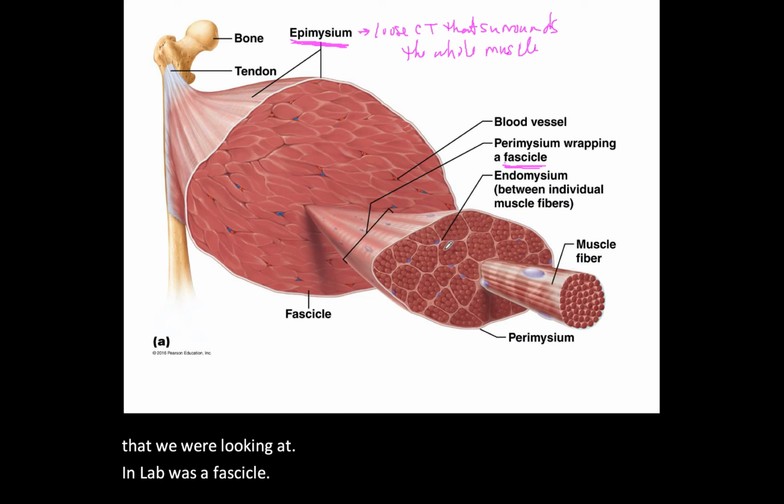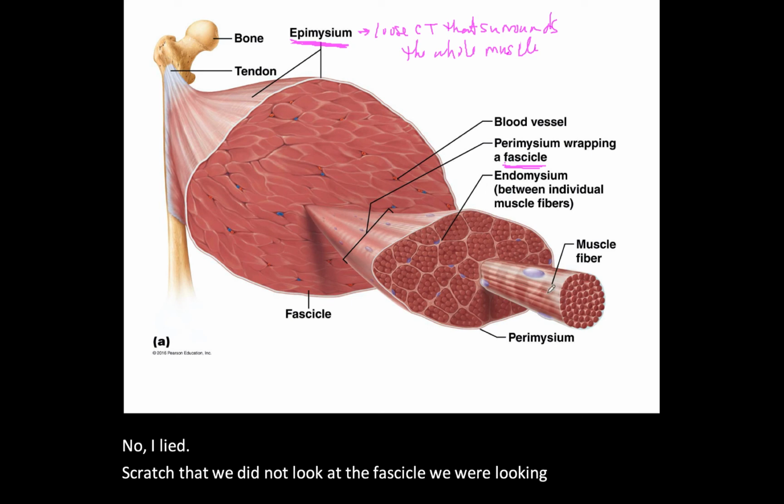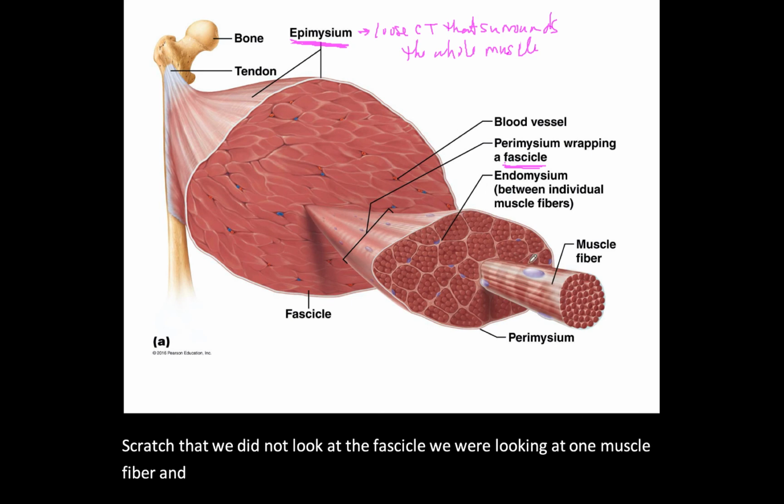That was a fascicle. And a fascicle is made up of... No, I lied. Scratch that. We did not look at the fascicle. We were looking at one muscle fiber. And so if you take multiple muscle fibers and connect them together, then you come up with a fascicle.